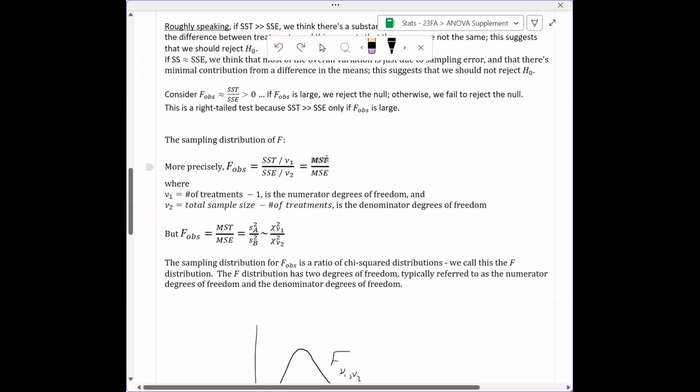Sometimes this is called the mean square due to treatment over the mean squared error. And here, nu1 is the number of treatments or the number of groups minus 1. This is usually called the numerator degrees of freedom. And nu2 is the total sample size minus the number of treatments. It's the denominator degrees of freedom.